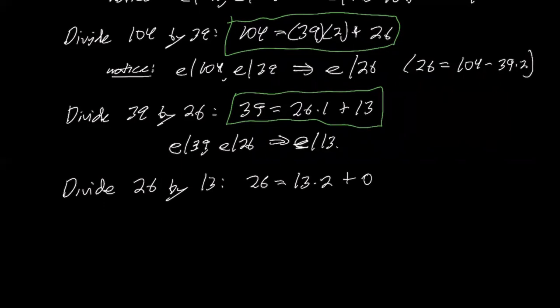In some ways you didn't have to do this step, because once the last two numbers divide evenly, you can say that our common divisors are all divisors of 13. Maybe I should say it slightly differently: I'm not saying a priori that they are all the divisors of 13, but our common divisors have to be divisors of 13.